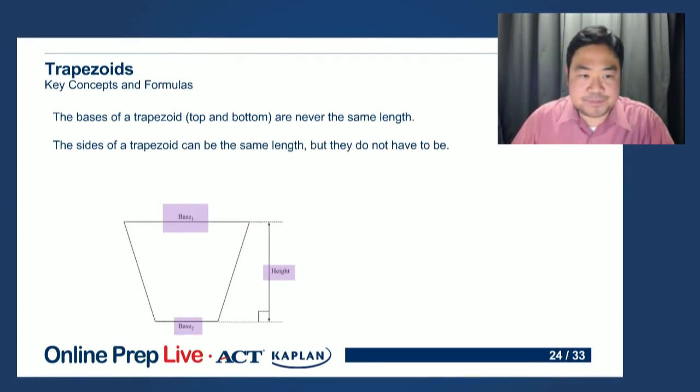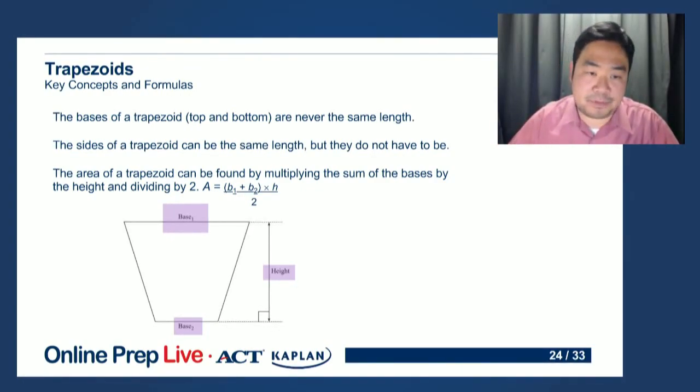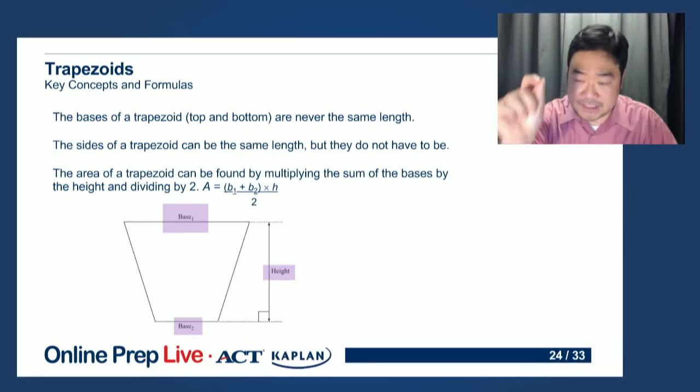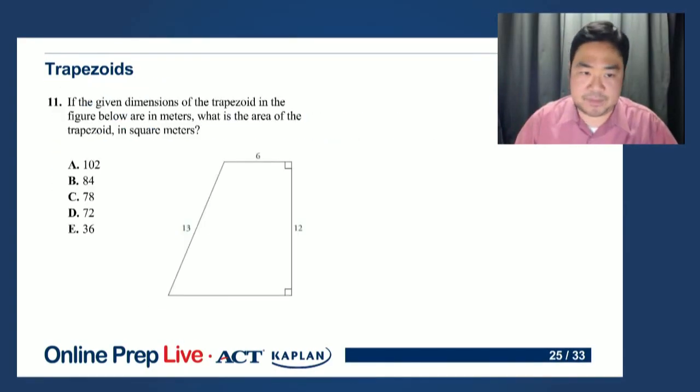The area of the trapezoid is always found by doing this. First, add up the bases, multiply that number by the height, and then divide that by 2. So area is base 1 plus base 2, whatever that sum is, multiply that by the height, and then divide that by 2. That will give you the area of the trapezoid.